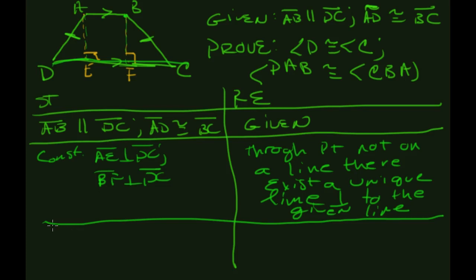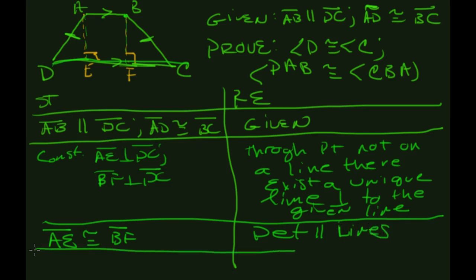Okay, so that helps us out a bit, but because these lines are parallel, AB and DC, that means that the two segments that I just created, segment AE and segment BF, have to be congruent, because the two lines have to be the same distance apart from each other if they are parallel.